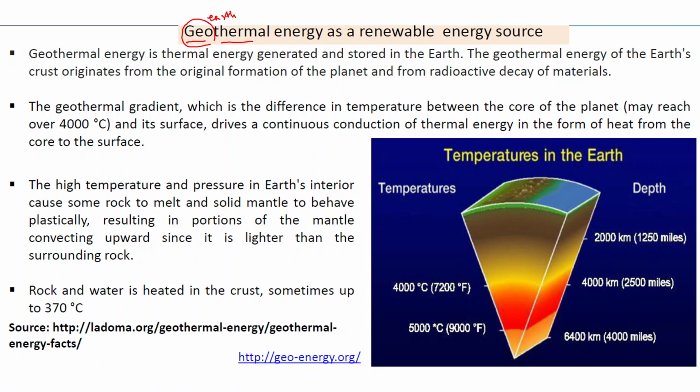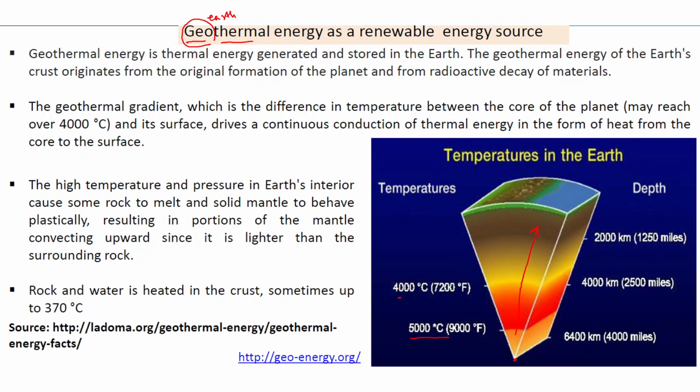Geothermal energy is the thermal energy generated and stored in the earth. So as we can see, suppose this is the center of earth. At the center, the temperature is very high, about 5000 degrees C, which starts to decrease as we move towards the surface.